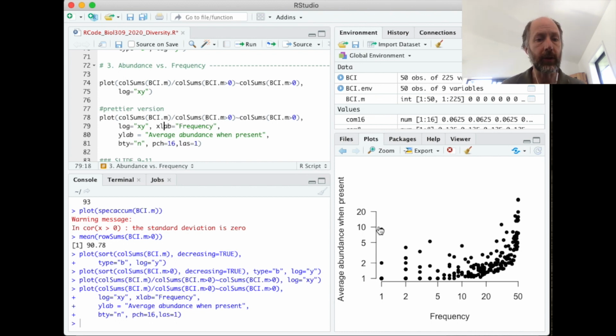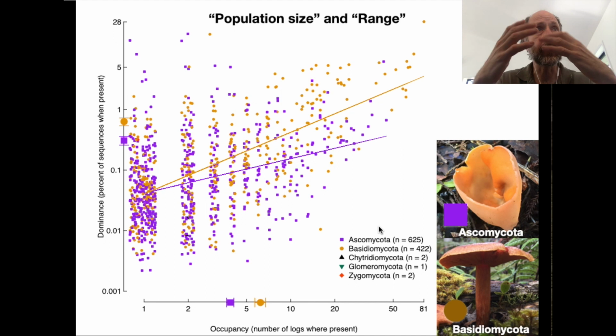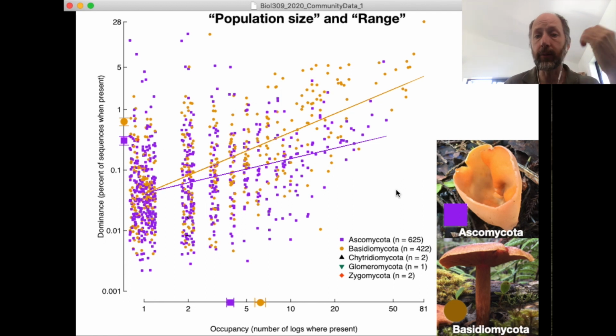And again, just to show you that this can be useful in real data, in data from New Zealand, my own data. This is a plot of fungal data looking at dominance, that is again the abundance when present as a function of occupancy, for 2 different groups of fungi in deadwood on the west coast.